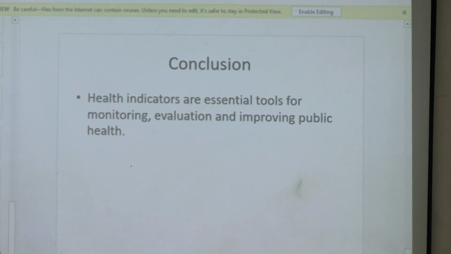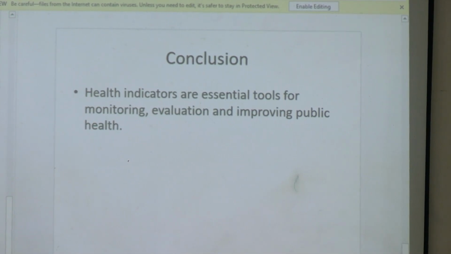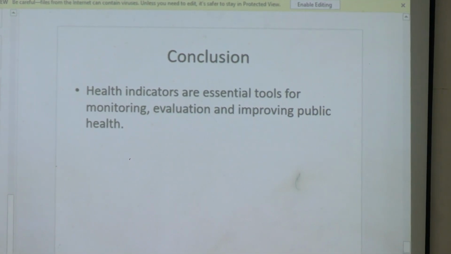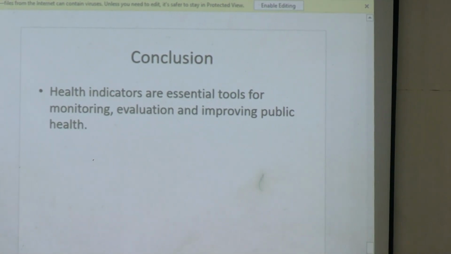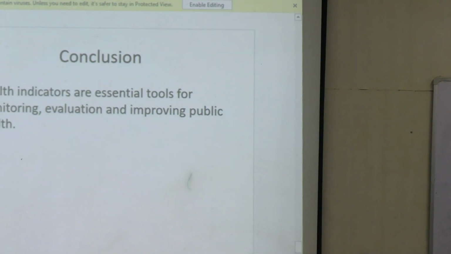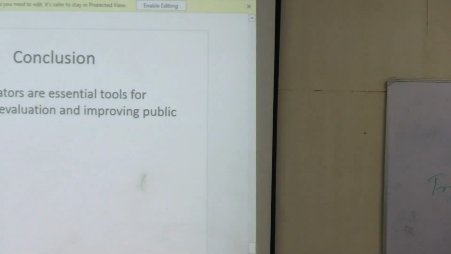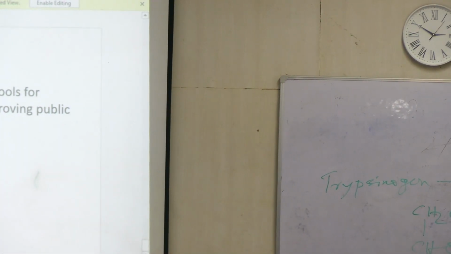What is infant? Children up to 1 year. And what is neonate? Neonate and infant are two different terms. Neonate is up to 28 days of birth, the first 28 days are called neonates, and up to 1 year is infant. Sit down.